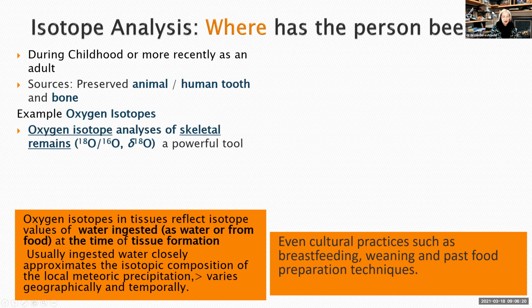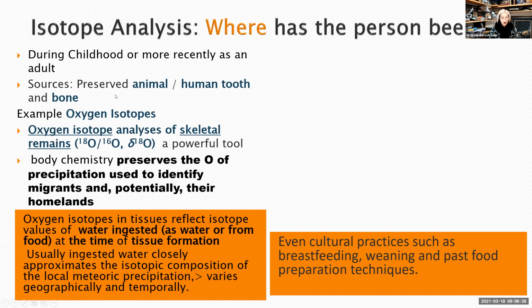So that delta 18 is a really strong tool if that's something we can recover, because your body chemistry preserves the oxygen ratio, the delta 18 ratio of the rainfall, and therefore we can help to identify migrants and potentially where they actually migrated in.